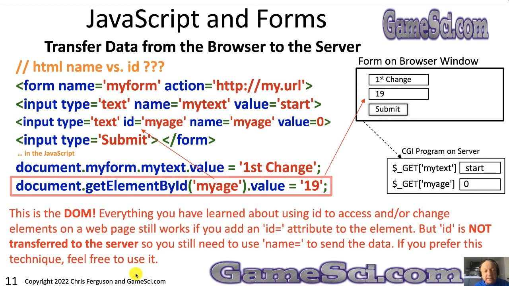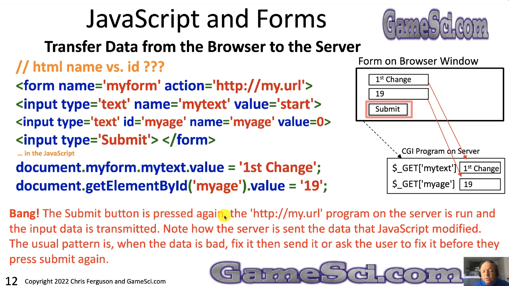But ID is not transferred to the server, so you would still need the name attribute to send the data. If you prefer this technique, feel free to use it. If you like putting an ID on a tag and changing the element using the ID, it's perfectly okay, but remember you still have to use the name attribute in order for it to show up on the server side under that name.